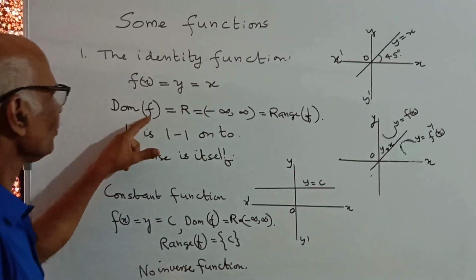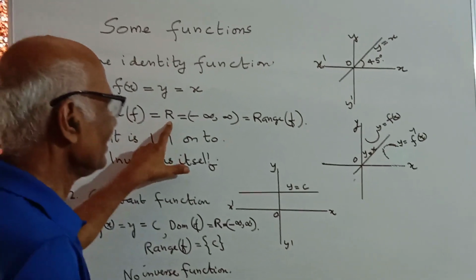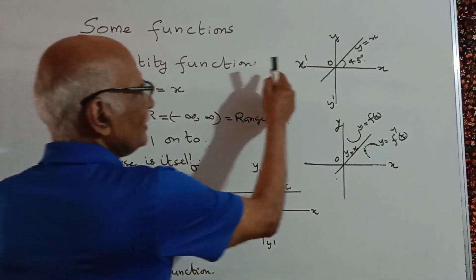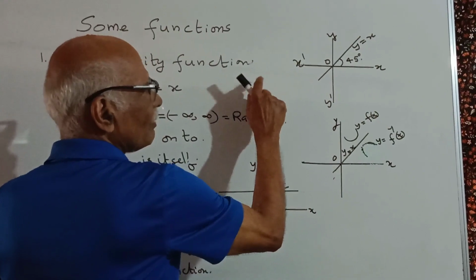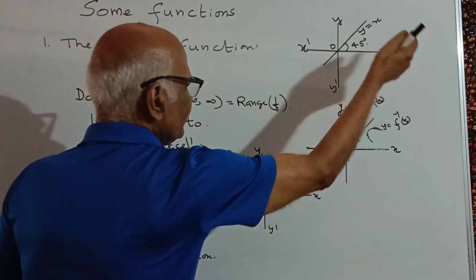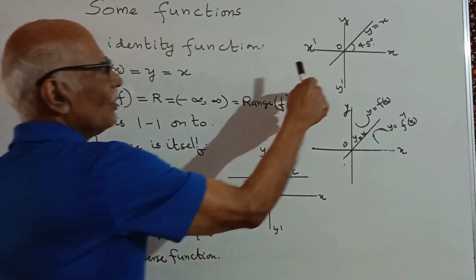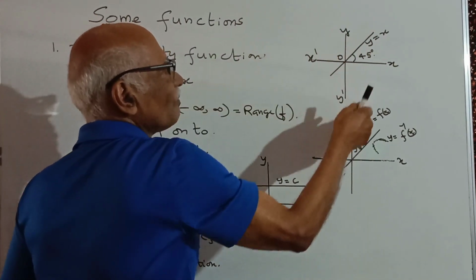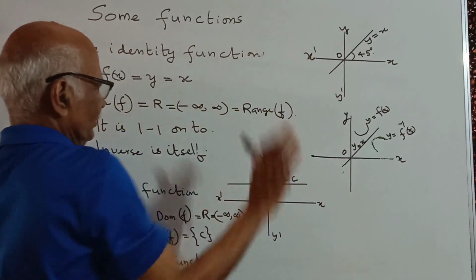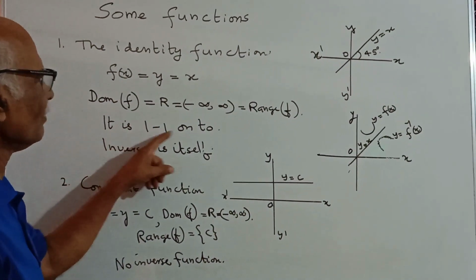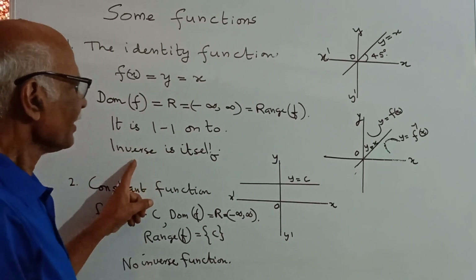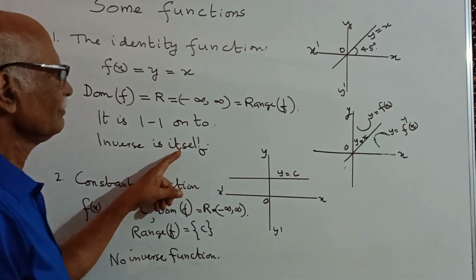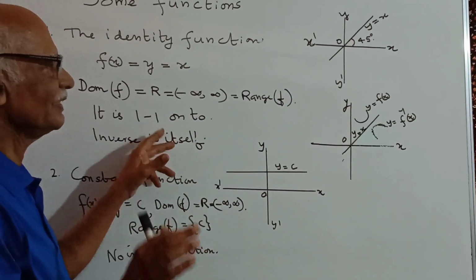Now, the domain of that function is the set of real numbers R, because x values can go from minus infinity to plus infinity, and the range is also from minus infinity to plus infinity. y values will go from minus infinity to plus infinity. This is one-one onto. Inverse is itself. The inverse of this function is itself.